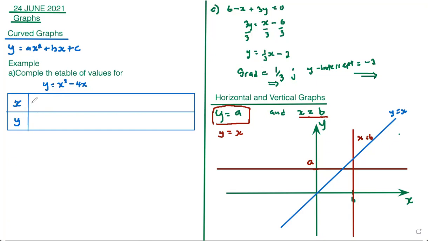So values of x starting at -2, -1, 0, 1, 2, 3, 4, 5, and 6. Okay, now we just need to separate these, put it in tables, right?